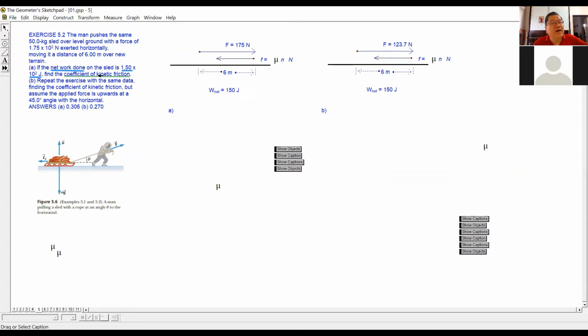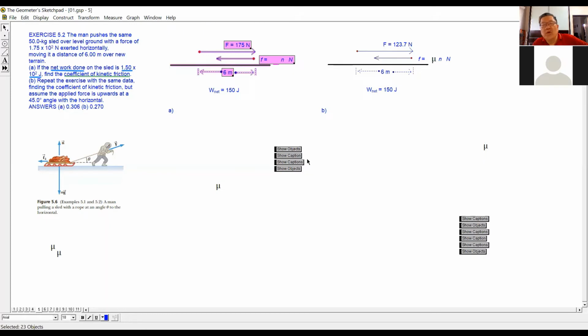They ask you to find the coefficient of friction. Okay, and what is given is the net work done. So can you form an equation involving the net work done? Okay, so you look at the diagram over here.